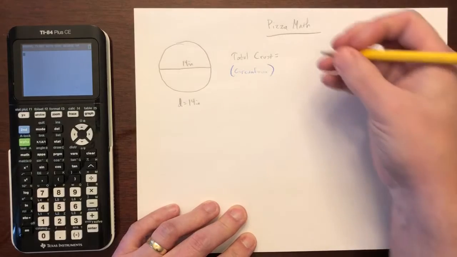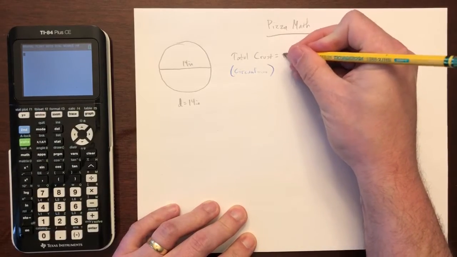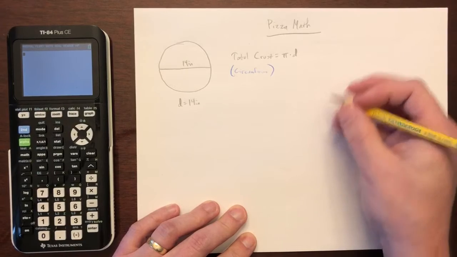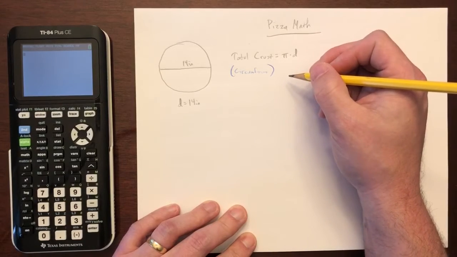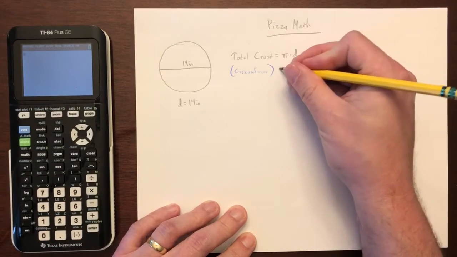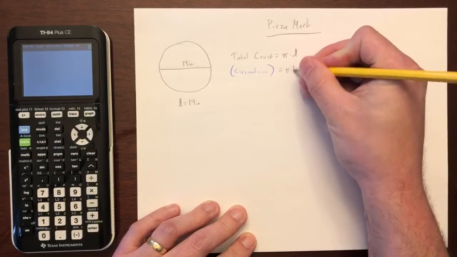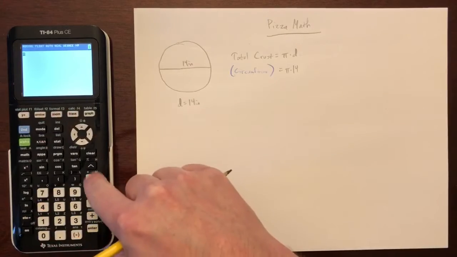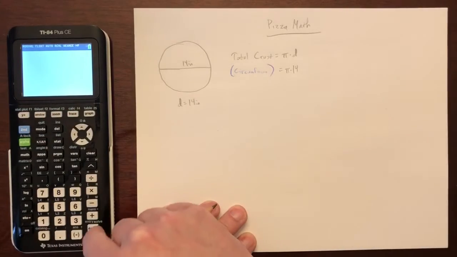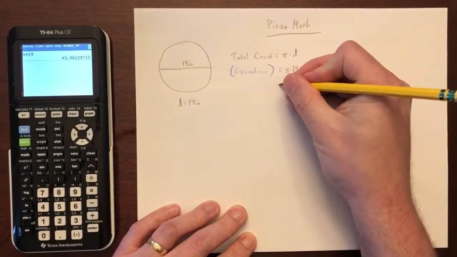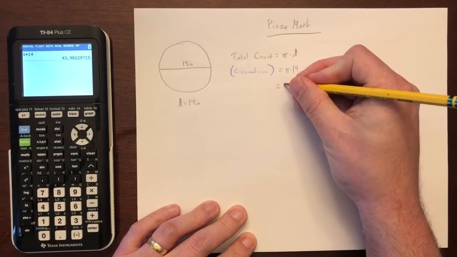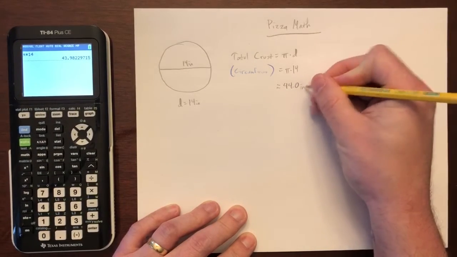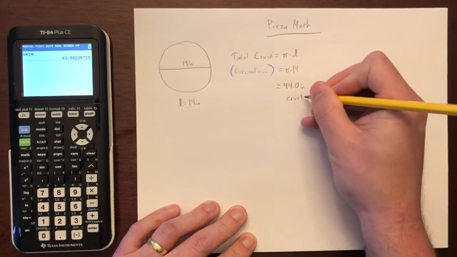And what is the formula for circumference? Pi times diameter. You could also use 2 pi times radius, but I prefer this. It's a little simpler. So in this case, that would be pi times 14. And if you type that in, pi times 14, you get approximately 44.0 inches of crust.